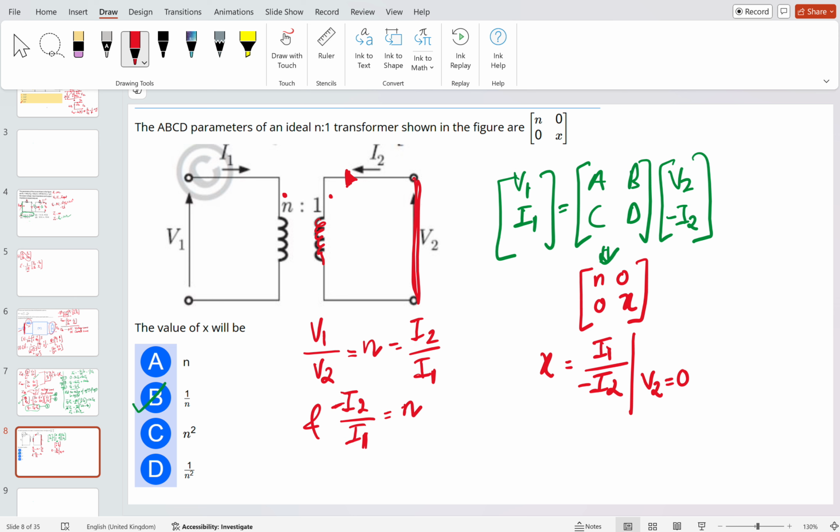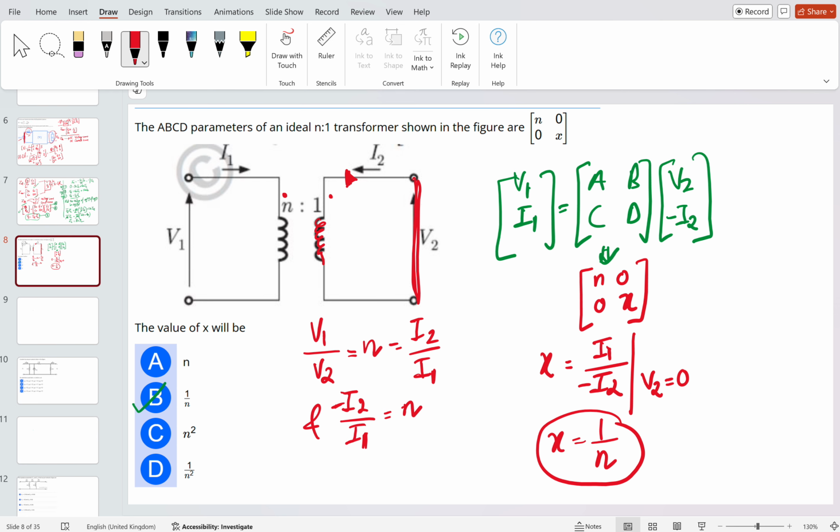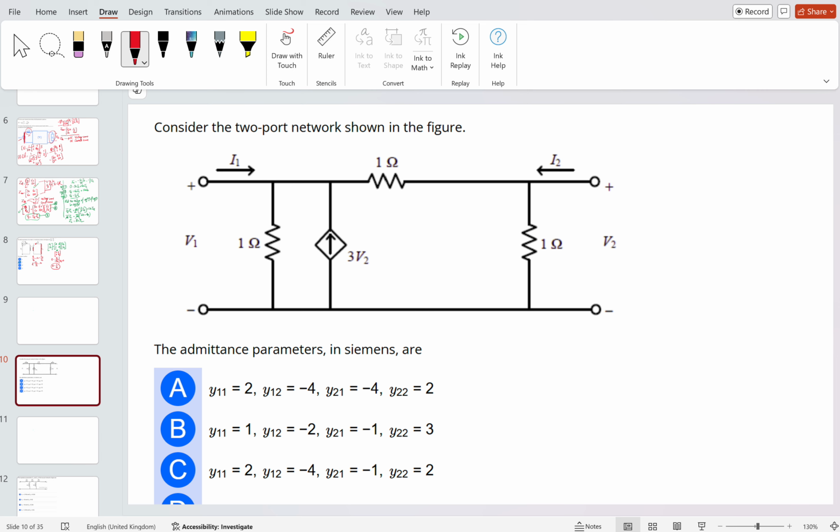In the question, it is asking for minus I1 by I2, so x will be equal to 1 upon n. So this is the correct value, 1 by n. Any doubt? Try to solve this problem.